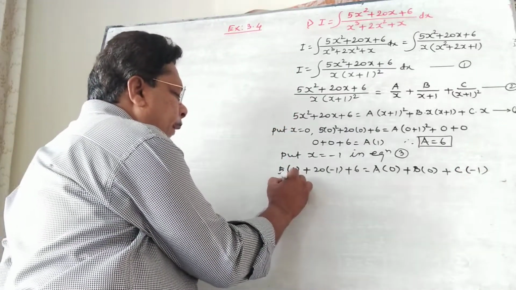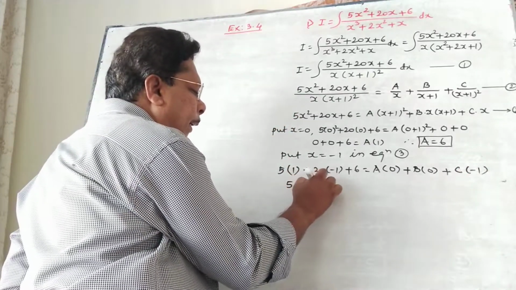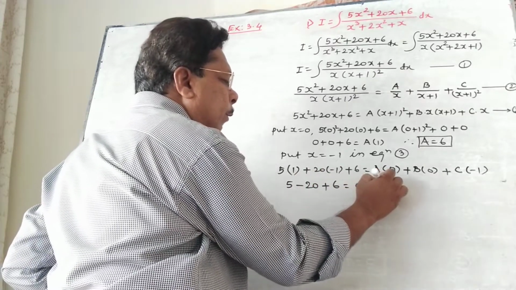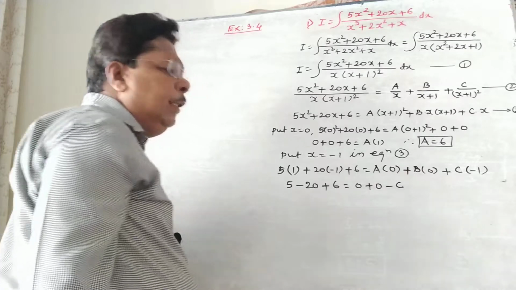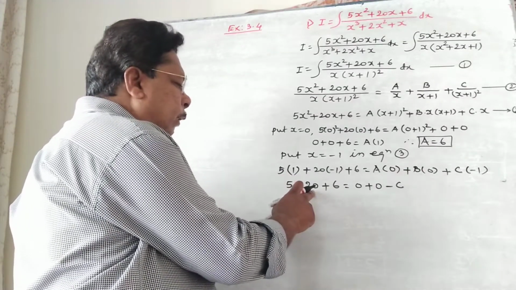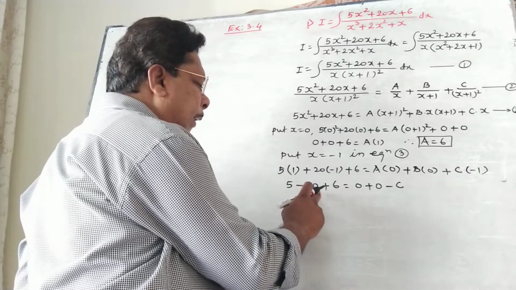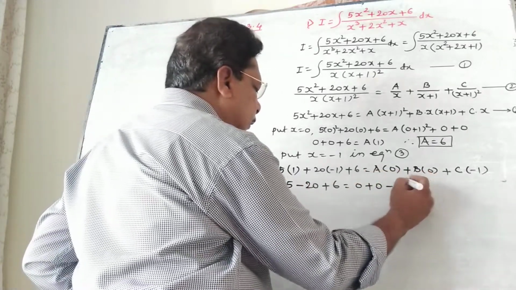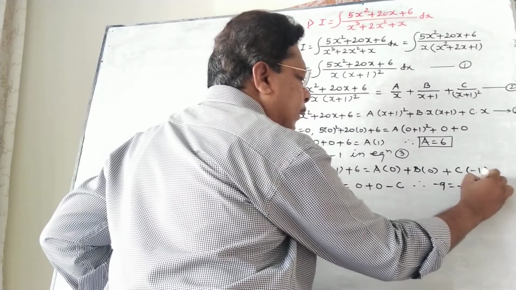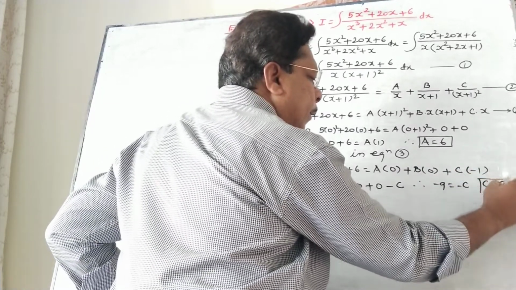So 5 minus 20 plus 6 is equal to 0 plus 0 minus C. C into minus 1 is minus C. So 11 minus 20 is minus 9, equal to minus C. Therefore C equal to 9.